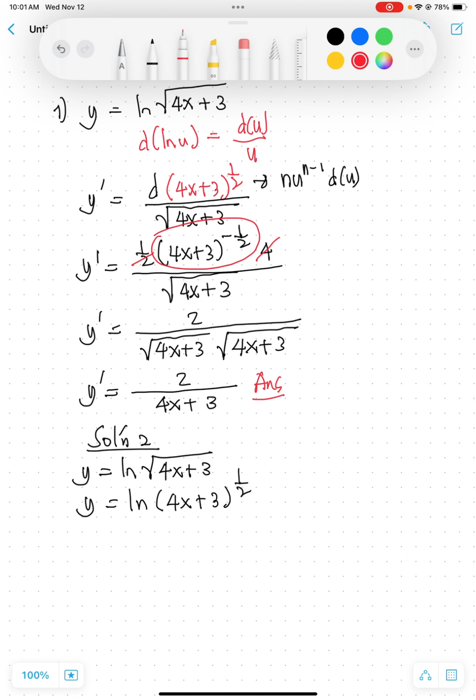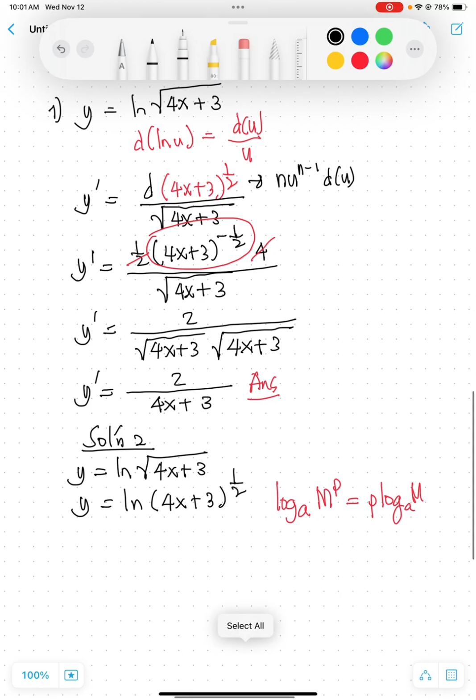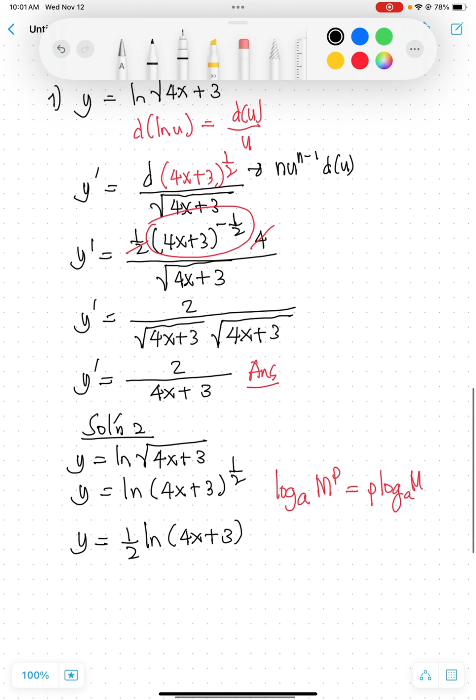We're going to use log to the base a of n to the exponent of p equals p log to the base a of n. Applying that property of logarithm, then we will have y equals 1/2 ln of 4x plus 3.